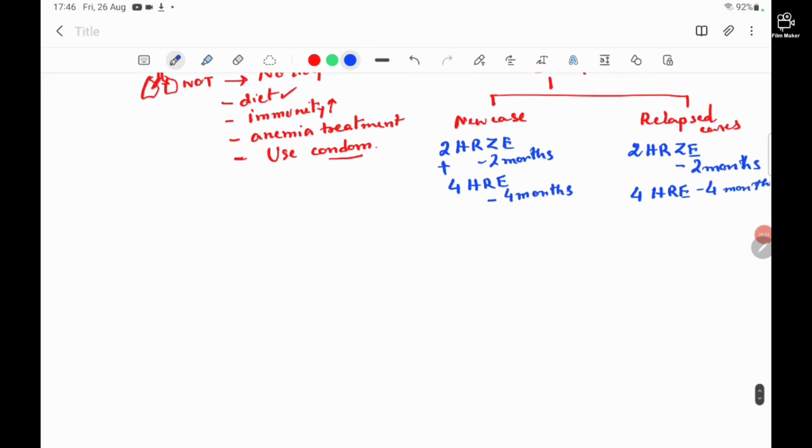Now what's the difference is, sometimes in the relapsed cases we can modify this HRE regime depending on the observation.